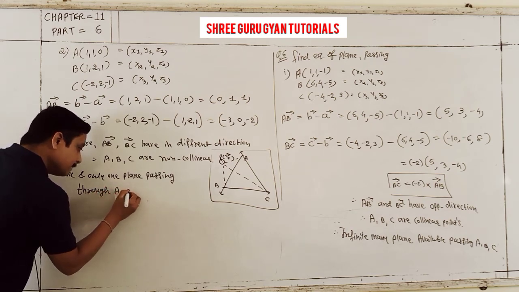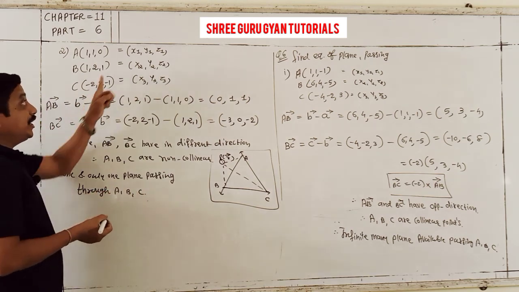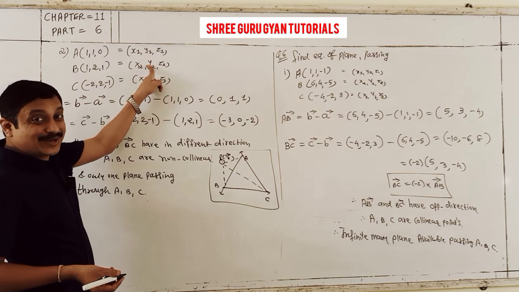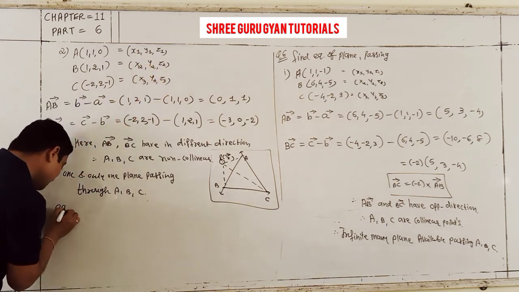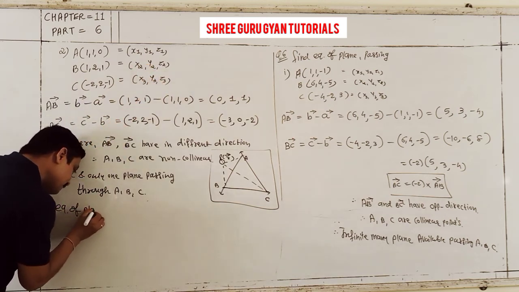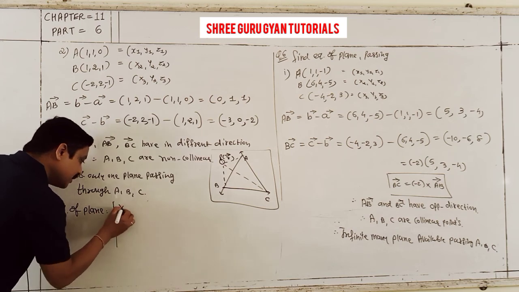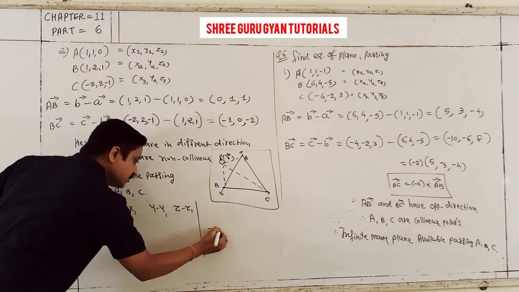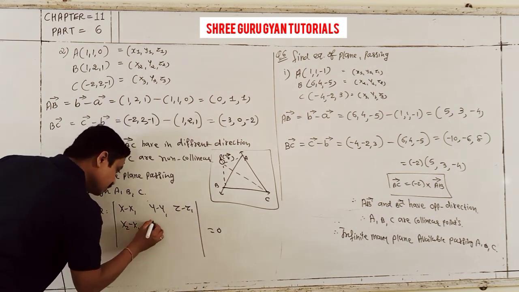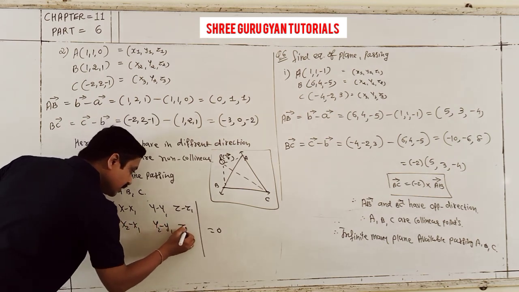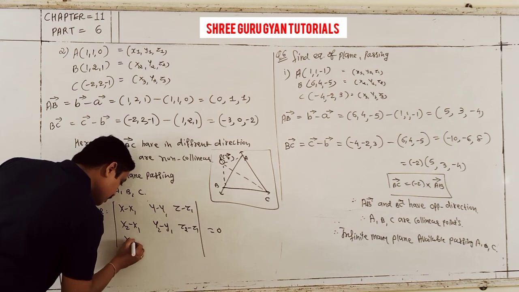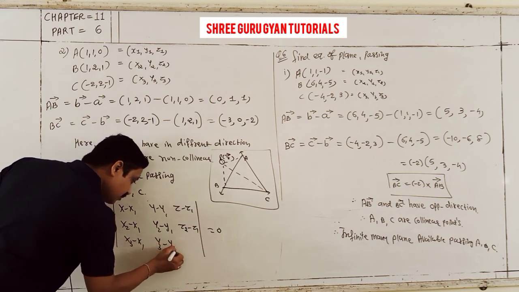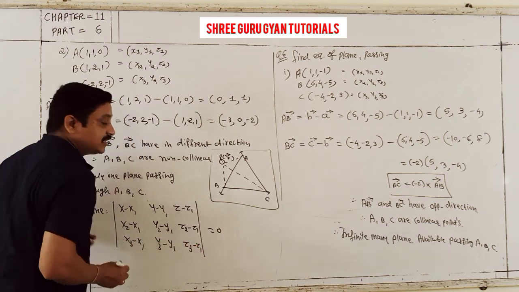So that's why I am going now with (x1, y1, z1), (x2, y2, z2), (x3, y3, z3). The equation of the plane is the determinant with rows: x minus x1, y minus y1, z minus z1; x2 minus x1, y2 minus y1, z2 minus z1; and x3 minus x1, y3 minus y1, z3 minus z1.